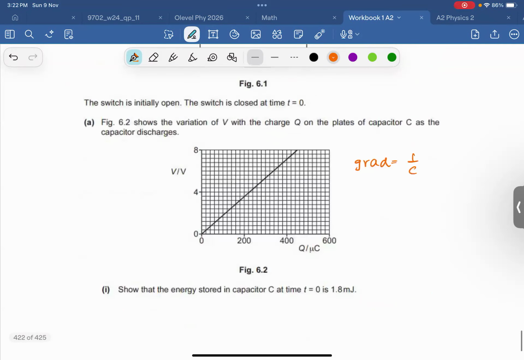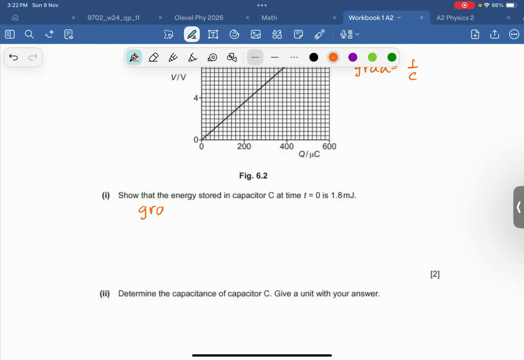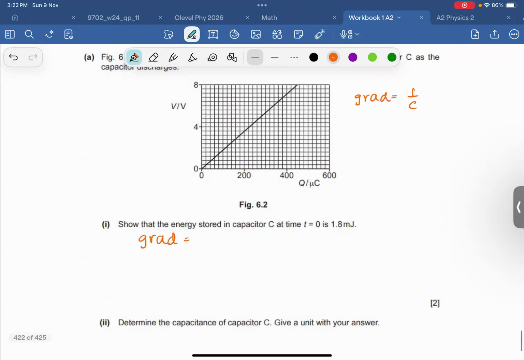So gradient is equals to, 0.4, 0.8, 1.2, 1.6, 2.0, 2.4, 2.8, 3.2, 3.6. So 200 microcoulomb of charge divided by 3.6.